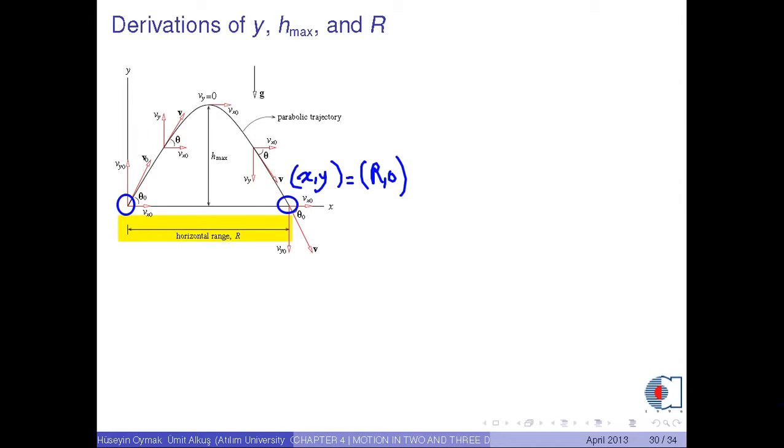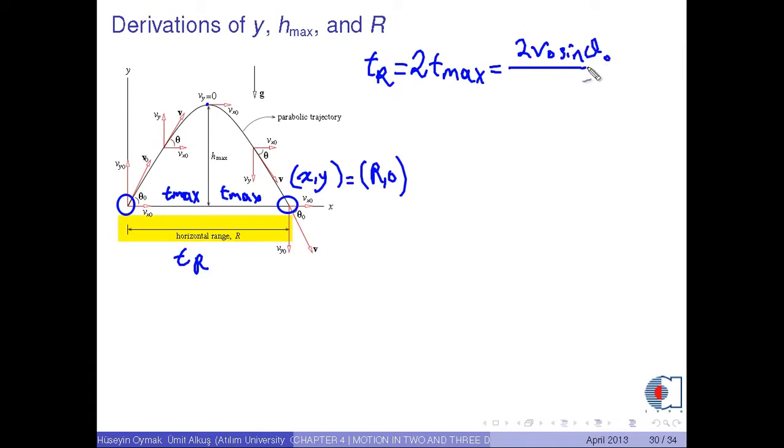We see that the time tR required for the particle to reach this point is twice the time Tmax required to reach its maximum height. This means that tR equals 2 times Tmax equals 2 times V0 times sine theta 0 over g.